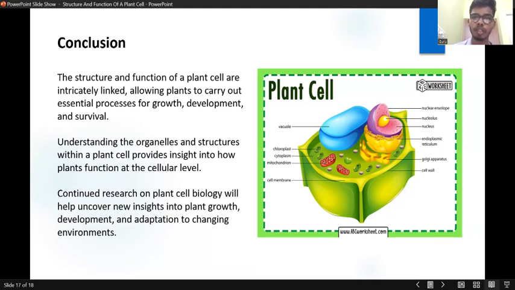To adapt to a changing environment, the plant cell performs several functions and operations to grow, develop, and survive in the real world.